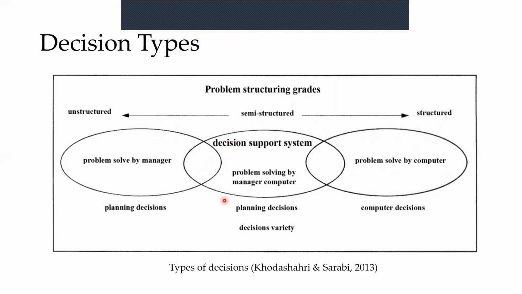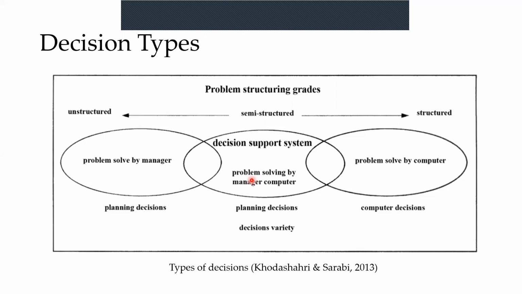It involves planning decisions and usually has variety. And for these types of decisions, it's best approached using a decision support system. For example, in deciding what to wear when you go outside, you may look at the weather forecast as a form of a DSS.